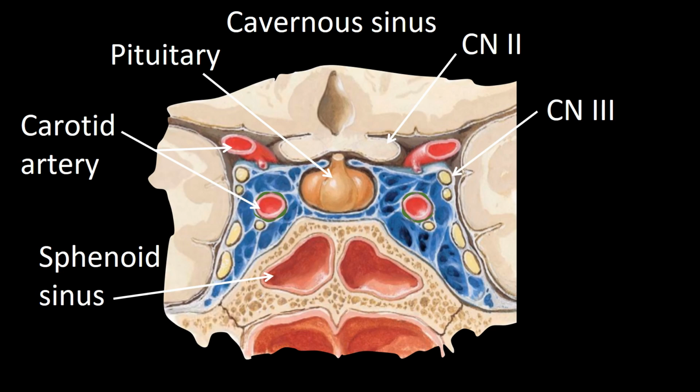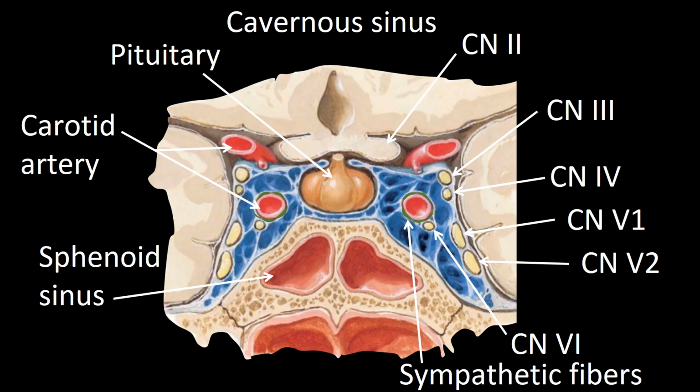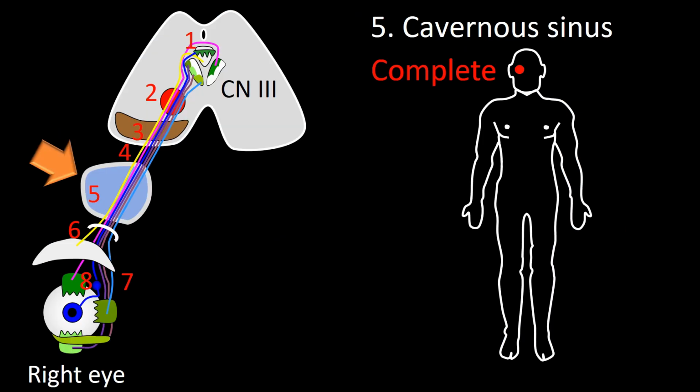Cranial nerve 3 is embedded in its wall, as is cranial nerve 4, the ophthalmic branch of cranial nerve 5, and the maxillary branch of cranial nerve 5. Cranial nerve 6 hangs around in the middle of the sinus with the carotid artery, which is surrounded by sympathetic plexus. Cavernous sinus third nerve palsy is usually complete.